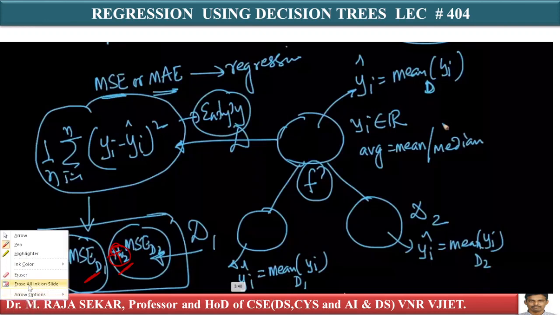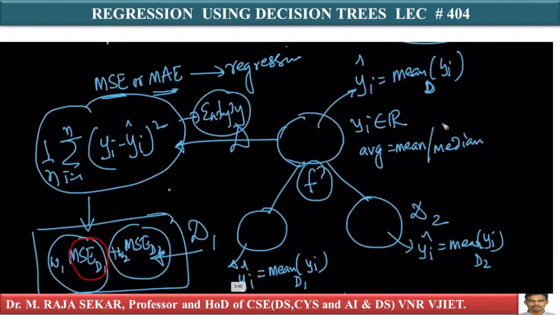I am multiplying the MSE at D1 with weight 1, and the MSE at D2 with W2. That is a weighted summation, isn't it? Because I have two data sets.